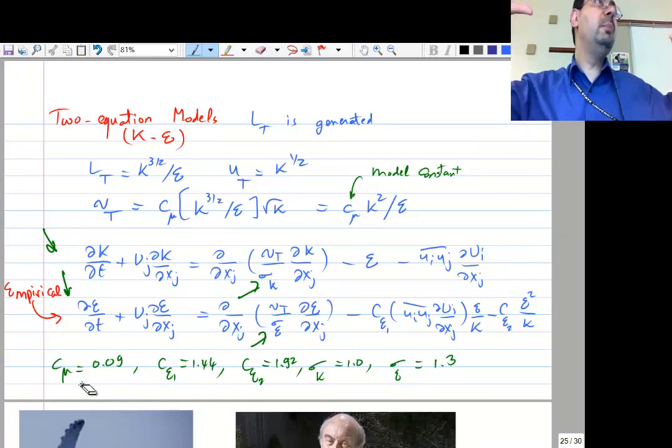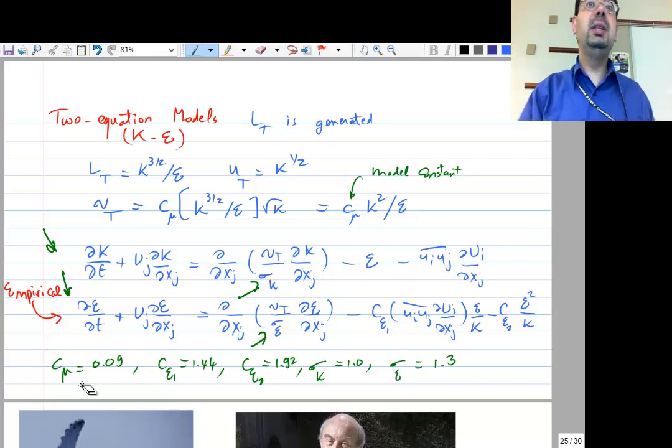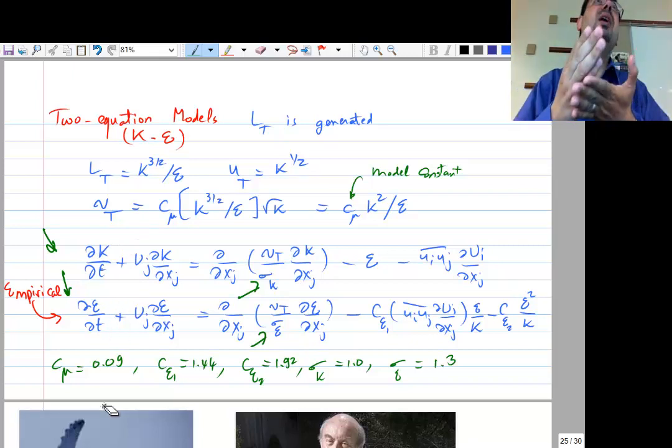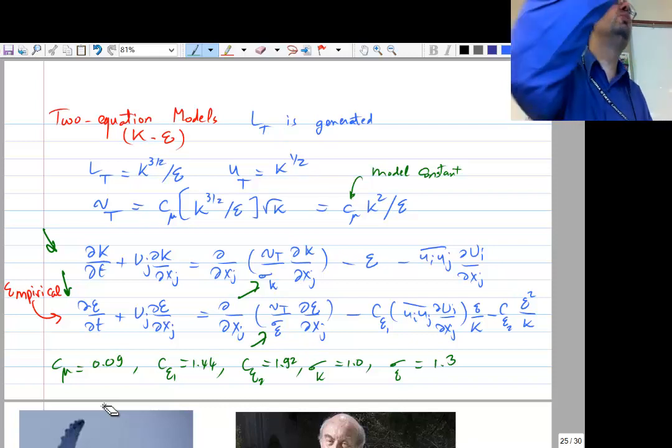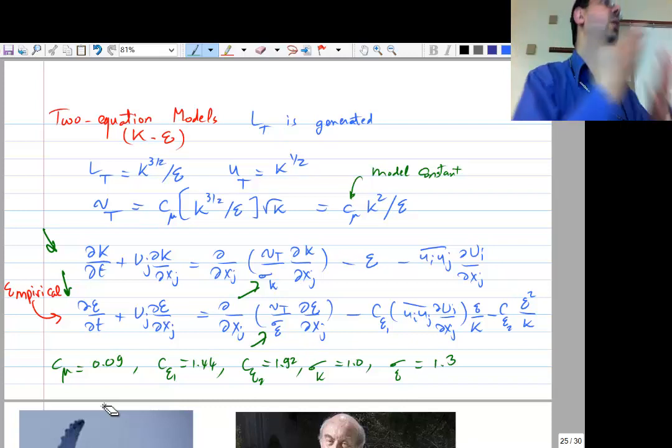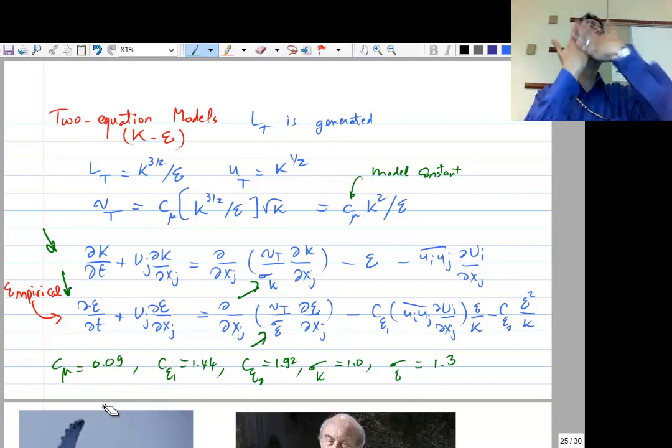And the five of them are now a set that simulates turbulent flow. We wouldn't have needed K and epsilon if our grid was fine enough so that the Navier-Stokes equation by itself could solve the smallest eddy. We are in this trouble because our computer cannot make the mesh fine enough to get the smallest eddy.